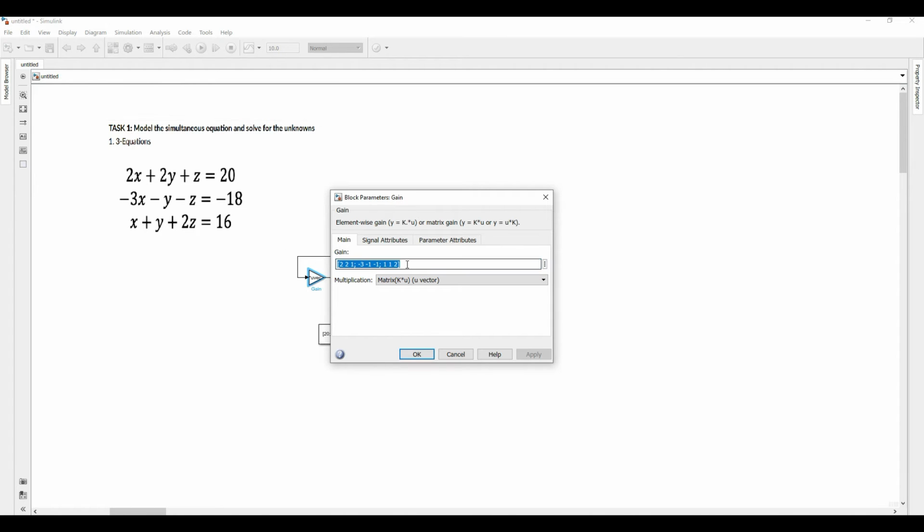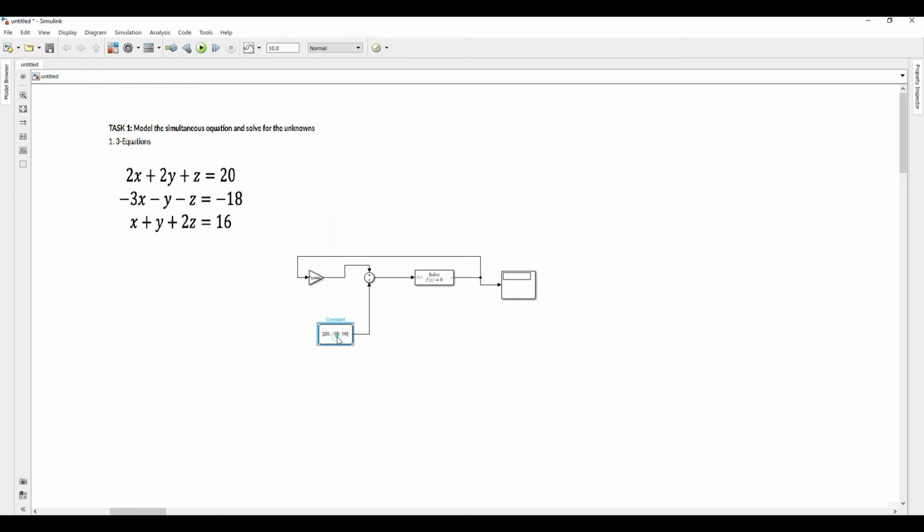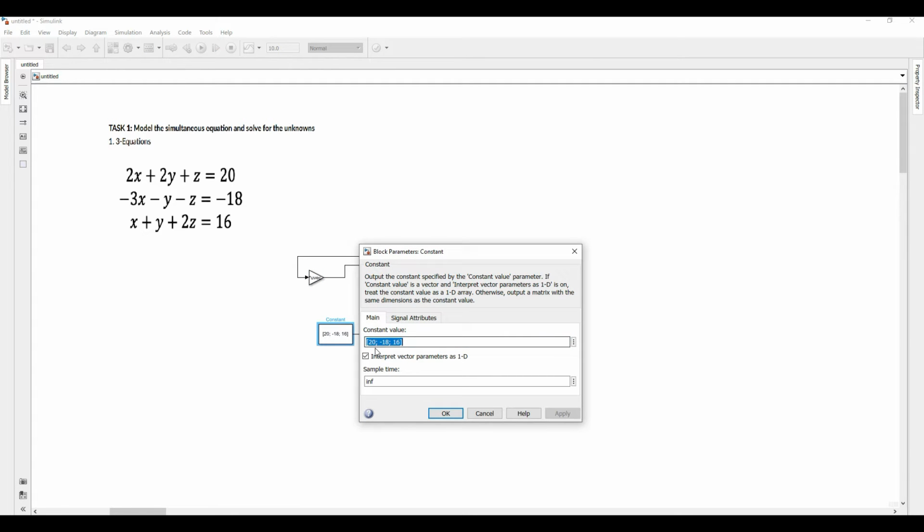And then for the matrix, we use the matrix multiply by the U vector. That's what we use here. And then for our constant, we have 20, negative 18, and 16.